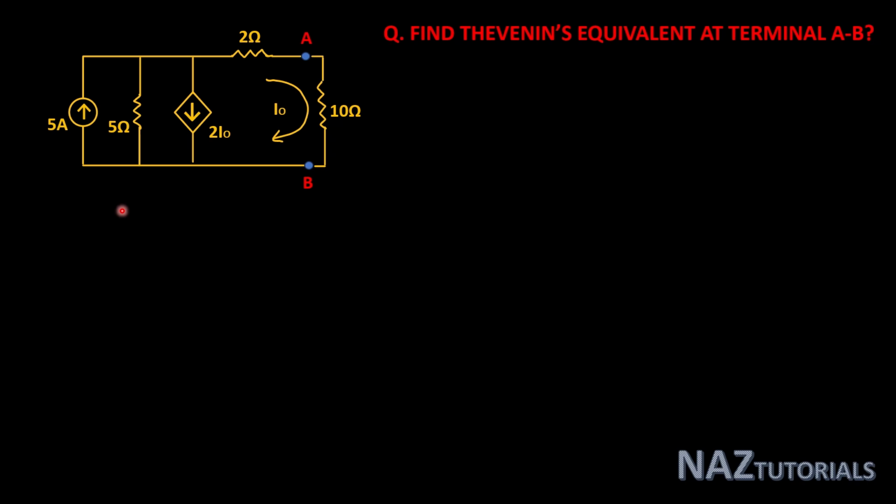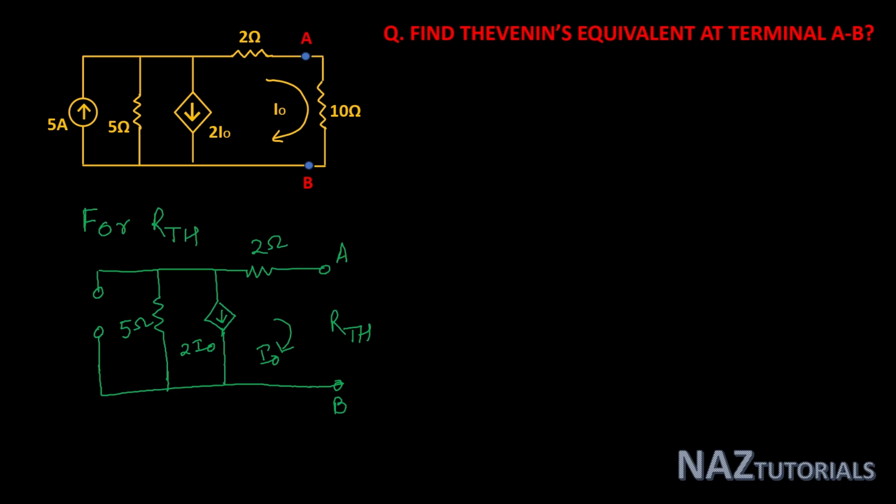For RTH calculation, all the independent sources will be replaced by their internal resistances and the load terminal becomes open. For the dependent source circuit solutions, we will calculate RTH by two different methods. So let's see. First we see the equivalent for RTH, then we will see both methods.